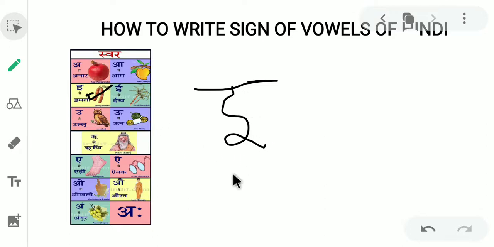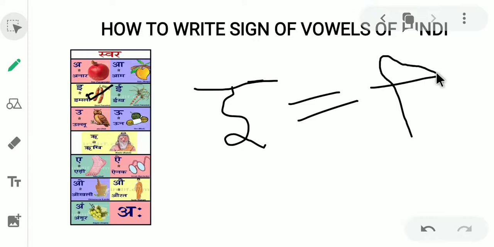Suppose you have to write the sign of it, you can write it like this. So this is the sign of E. Here some gap should appear. So it is the sign of E.